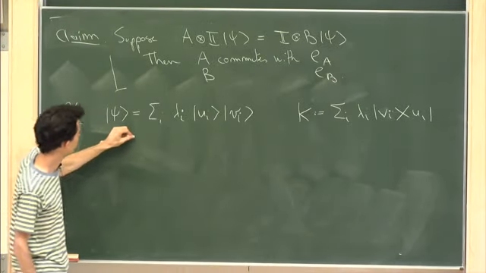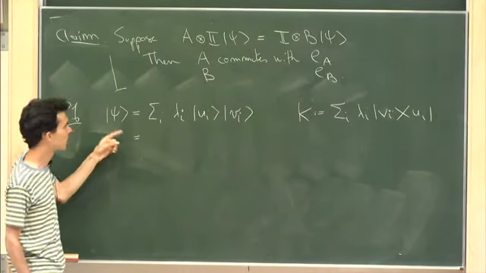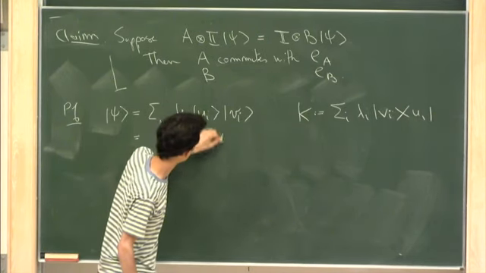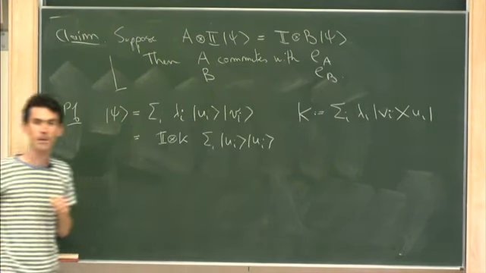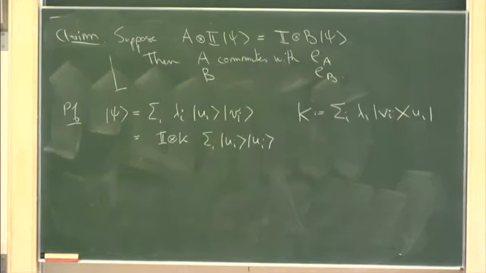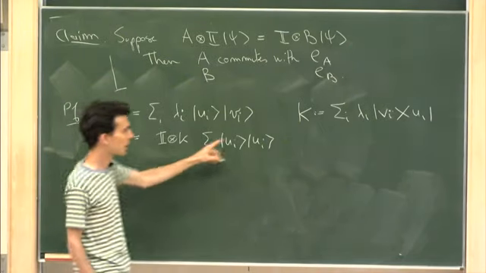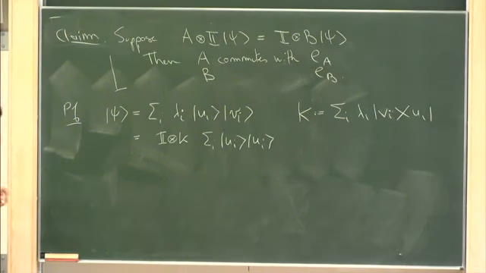The point of writing this in this way is that then I can write psi as simply identity tensored K applied to the state sum over i of u_i u_i, right? But this is the maximally entangled state. So that's going to be useful for us.